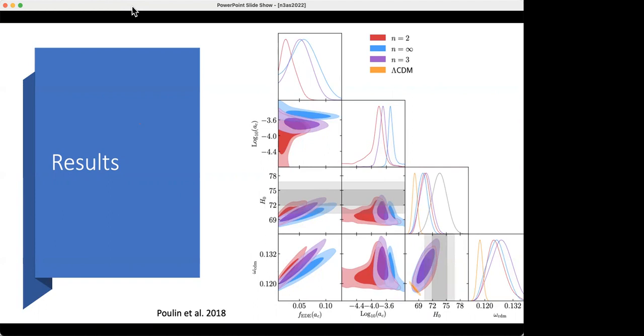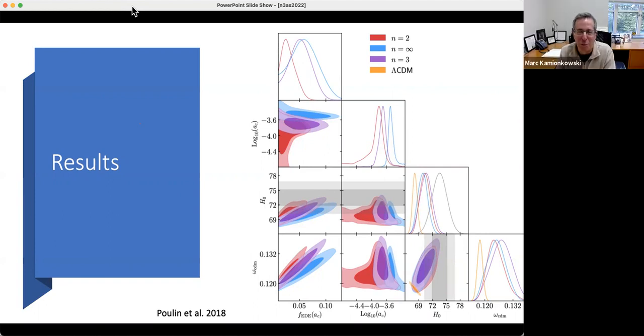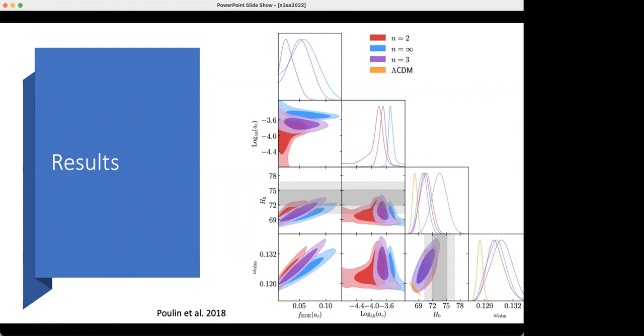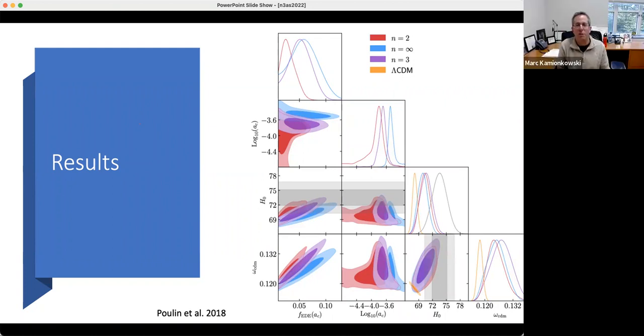There's details in the calculation that I didn't go through, but these n equals infinity curves do not actually solve the equations for the oscillations numerically. We use a generalized dark matter description, essentially an effective description, which has been calibrated, so we're confident in the results. But you're correct.